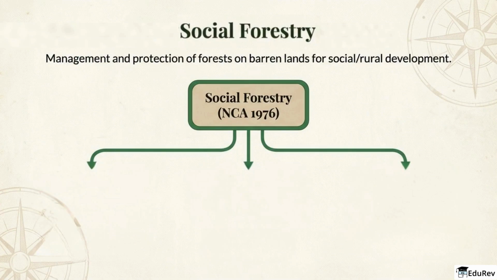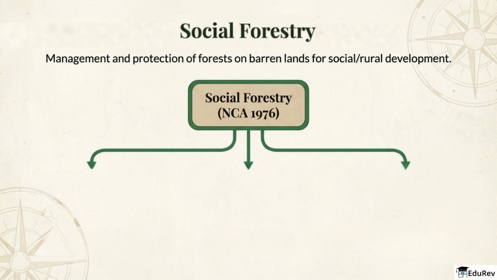Now that policy is clear, let's decode social forestry. Social forestry, introduced here through NCA 1976, means the management and protection of forests on barren lands for social and rural development. And yes, NCA stands for the National Commission on Agriculture.